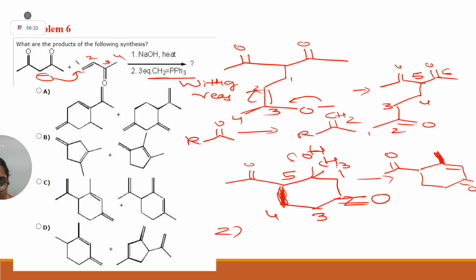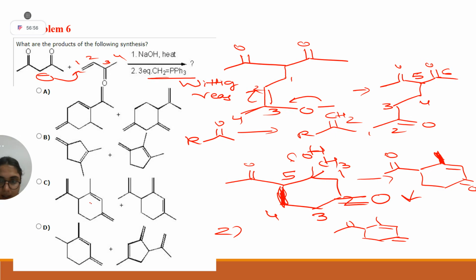Option third. Exactly. But let's see other options also. Because if we do Wittig of this, we will get this, and these are para.